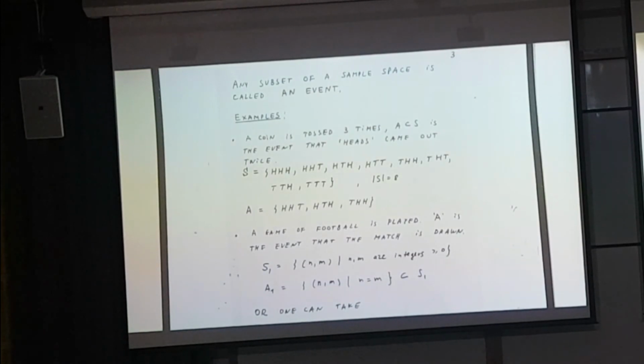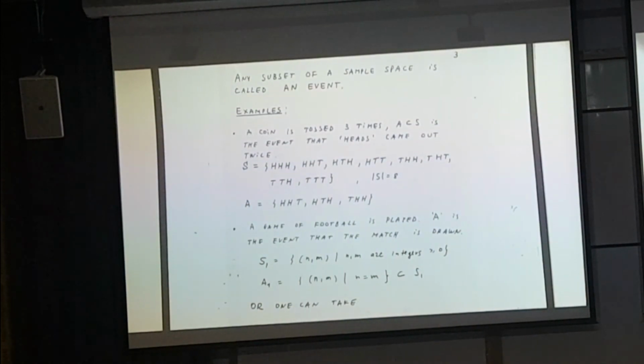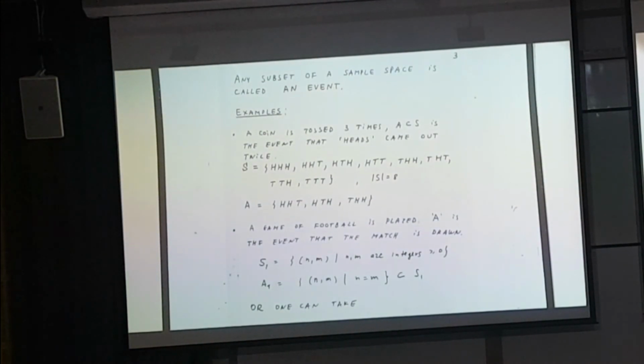Another example, a game of football is played, and we can describe it by, say, a sample space which contains pairs of non-negative integers, which correspond to the number of times the first team scored and the number of times the second team scored. And then we can consider an event A, which corresponds to having a draw.